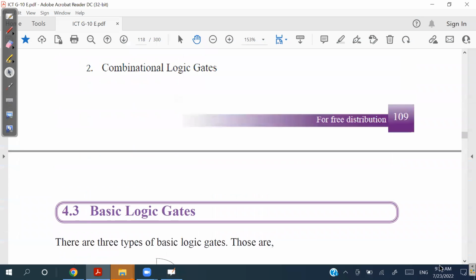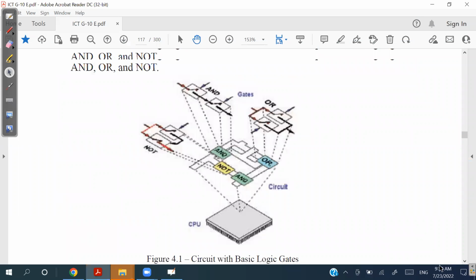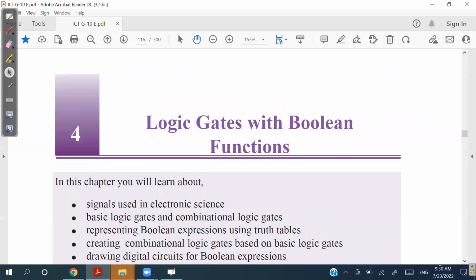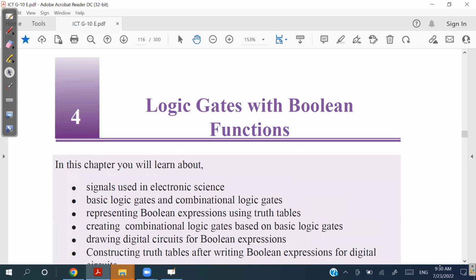All right, let's write the main heading as a start, people. Everyone, please copy the main heading. It's your 4th unit, logic gates with Boolean functions.